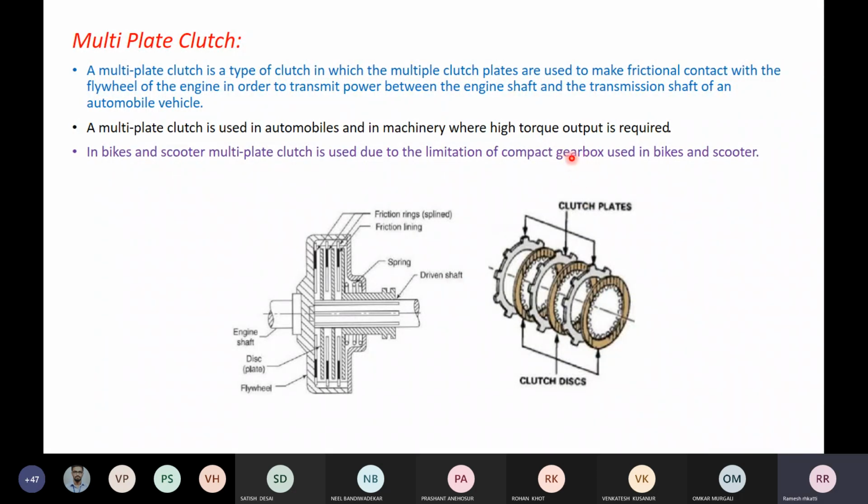Because the gearbox is compact, we can use multiple plate clutches, and that's why they are restricted to bikes and scooters. Here you can see the multiple plate clutch arrangement with multiple clutch plates and discs. These are the clutch discs, and these are the clutch plates.